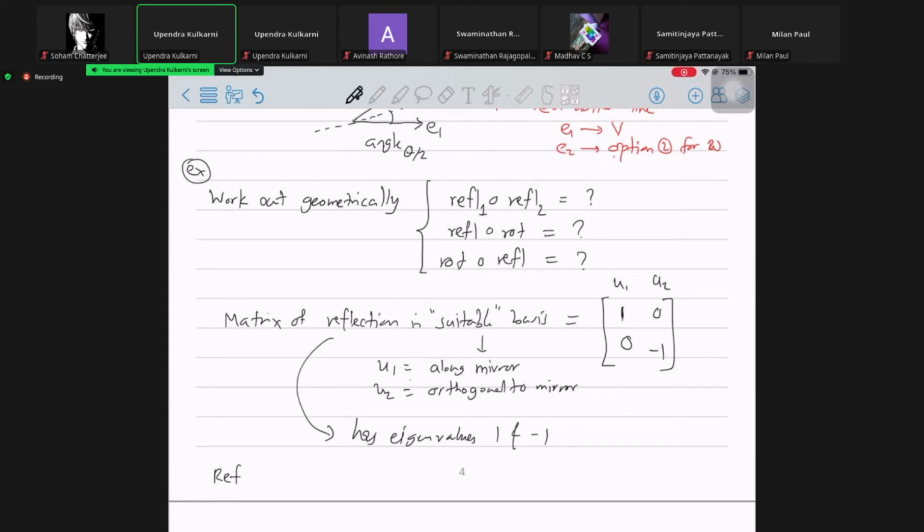Rotation has non-real eigenvalues unless theta equals 0 or 180 degrees, in which case I get the identity matrix or minus the identity matrix.